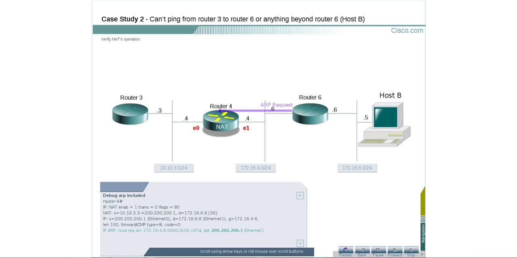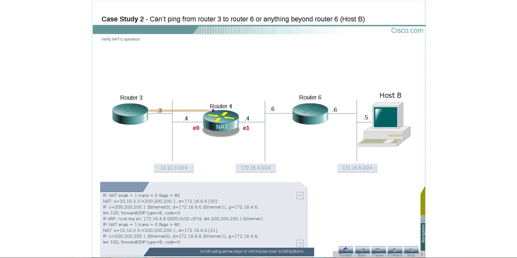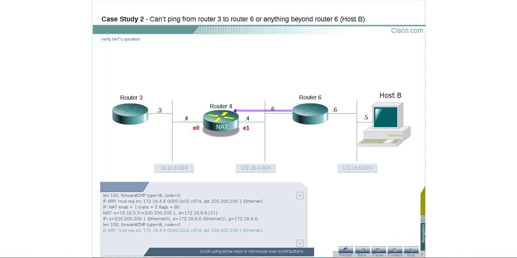At this point, we should expect to see an ARP response to router 6's ARP request. But we don't see an ARP response. Instead, we see another packet from router 3, followed by another ARP request from router 6. This pattern will continue with router 6 never getting an ARP response.